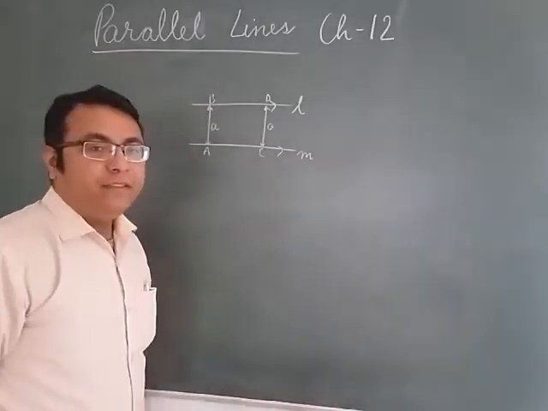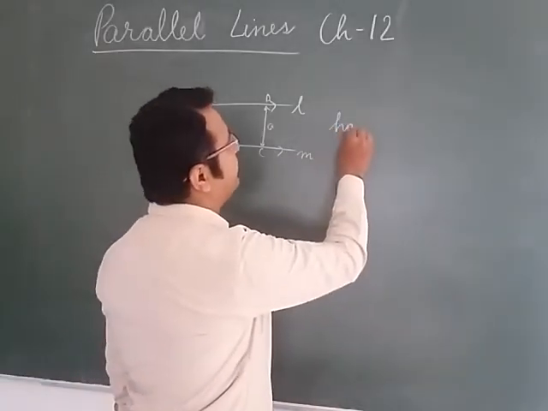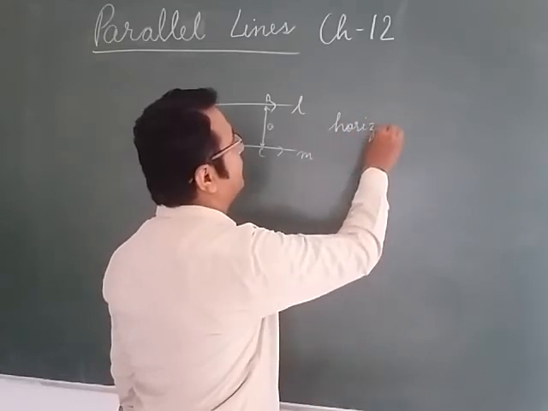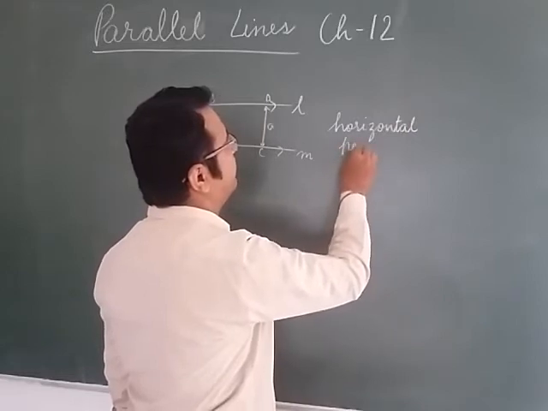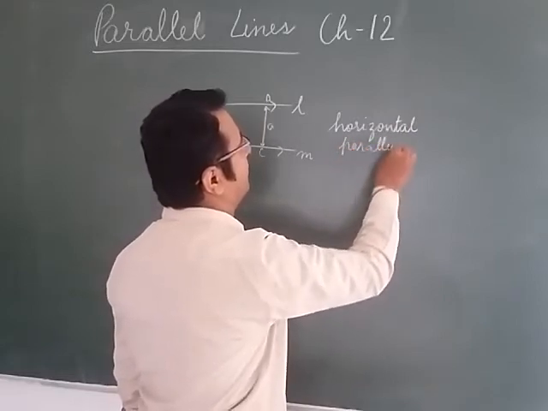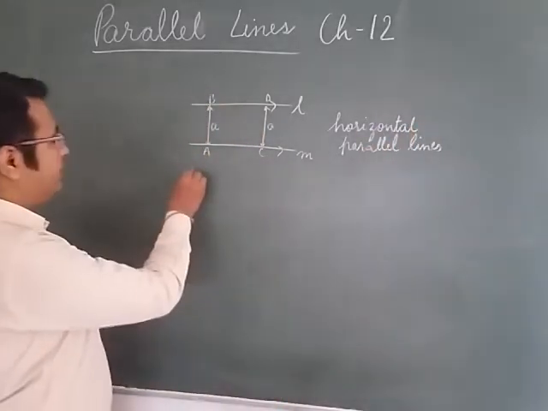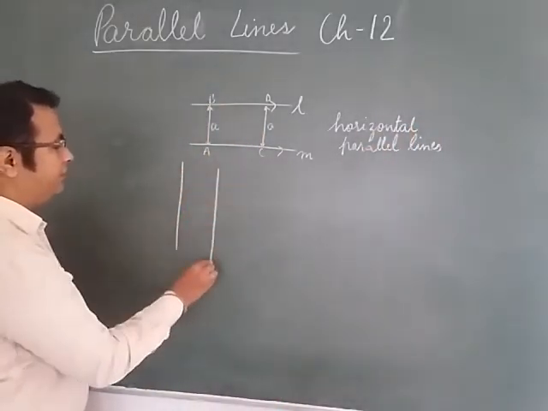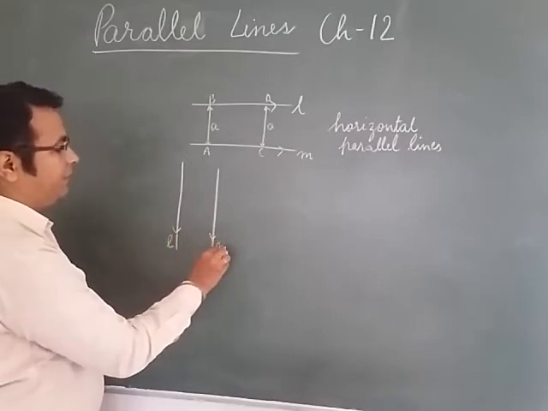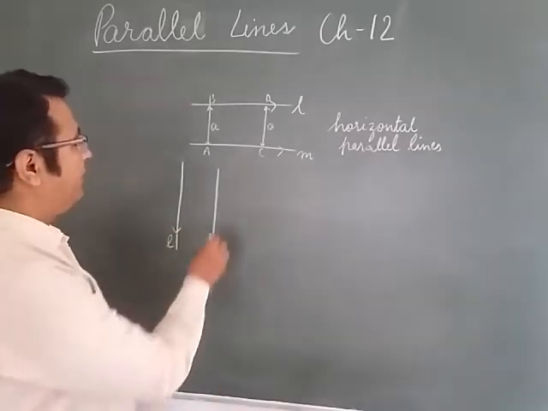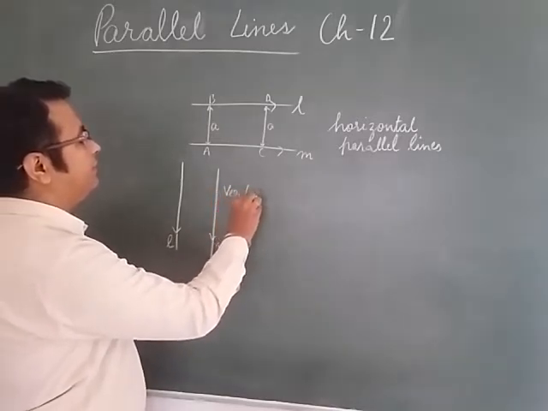Now parallel lines are further classified into three types. This is horizontal parallel lines. Now if I draw two parallel lines in such a way like this, let's say this is line L and this is line M. So you can see these are vertical parallel lines.